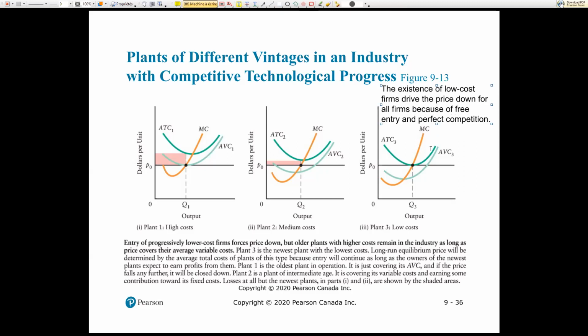If these firms were not there, then this would be the market price, and these would make no profit, and these would make losses. Now, both of these types of firms do make a loss, and the only ones that do not make a loss are these ones.